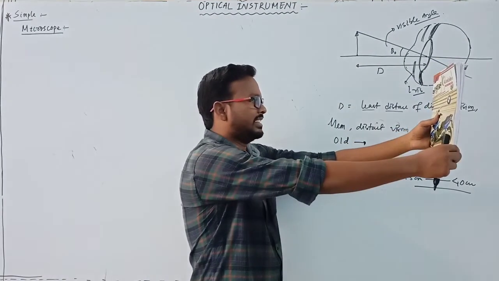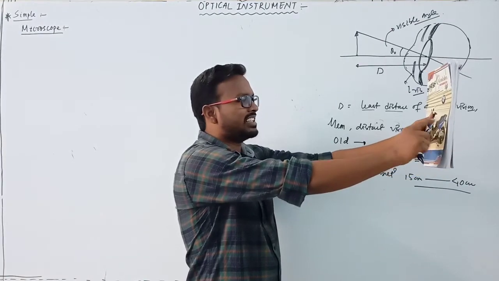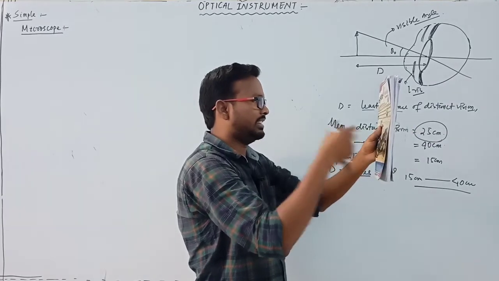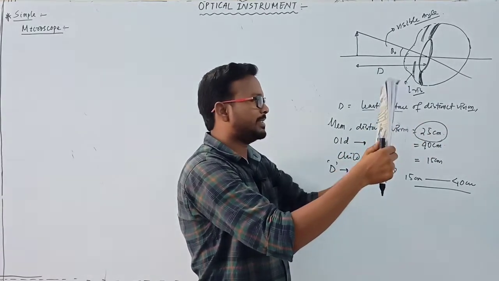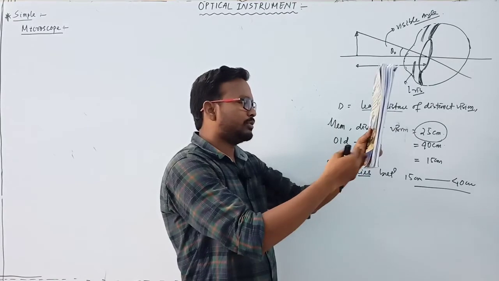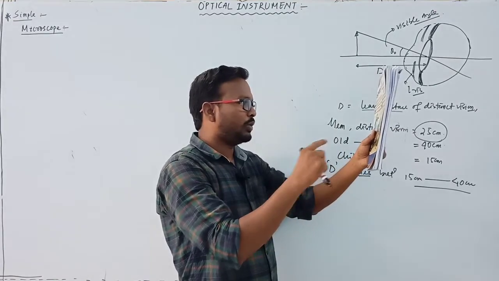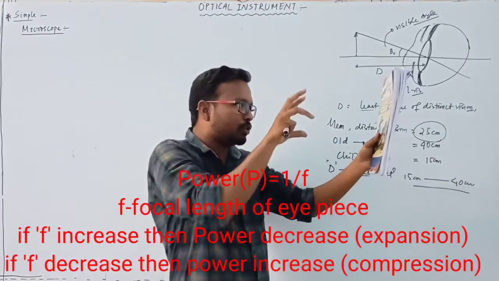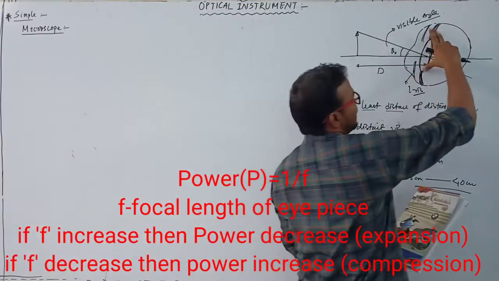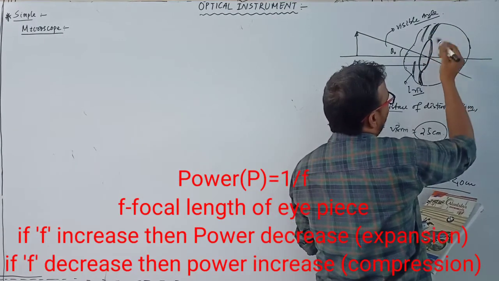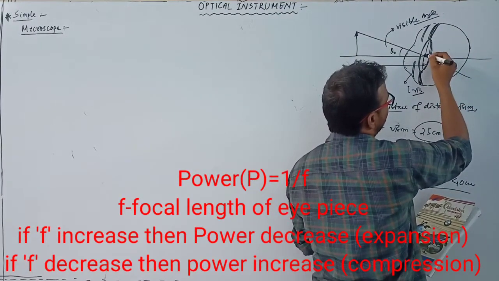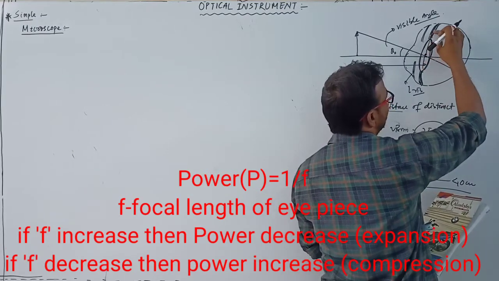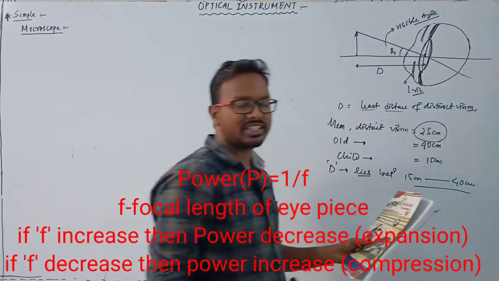If this object is not at the least distance of distinct vision, if it is very close, suppose this distance is not 25 centimeter but 10 centimeter, then we have to compress the ciliary muscles, because if we compress the ciliary muscle, its focal length and radius of curvature decrease. Due to expansion and compression of these ciliary muscles we are able to see the object.